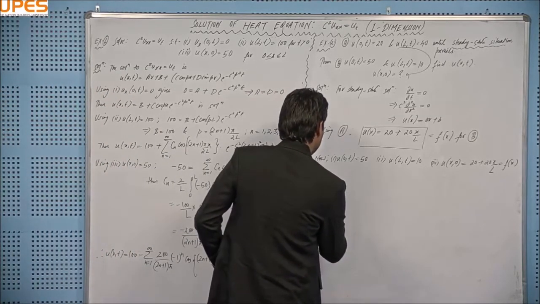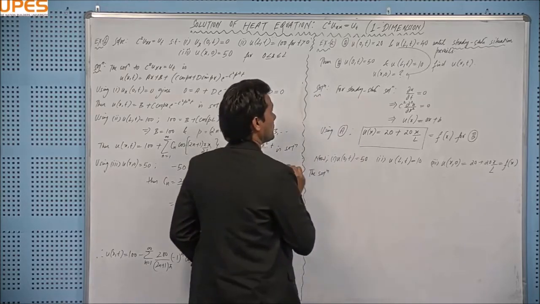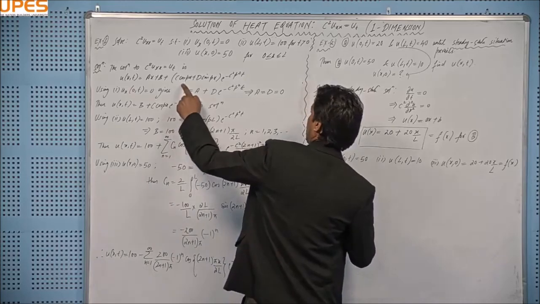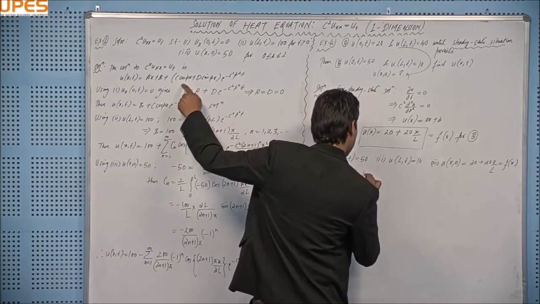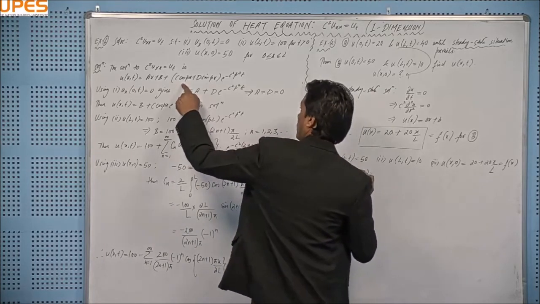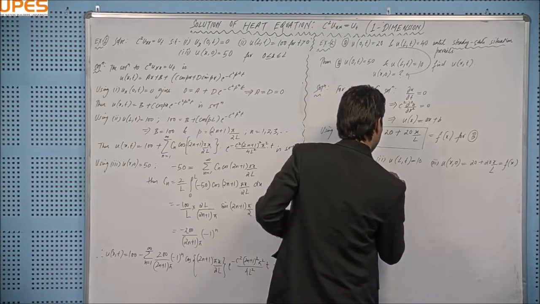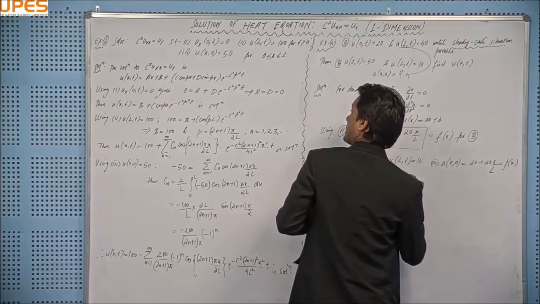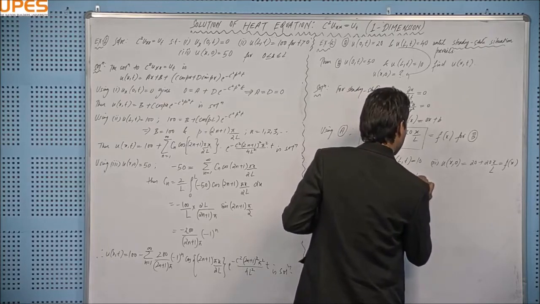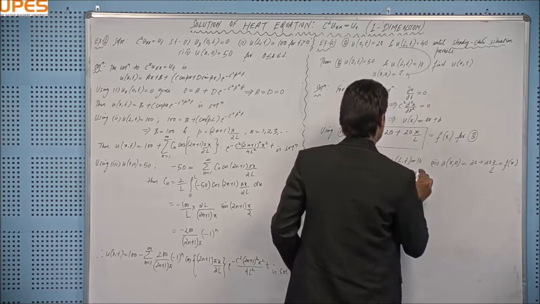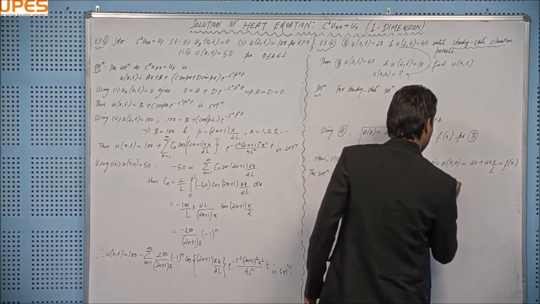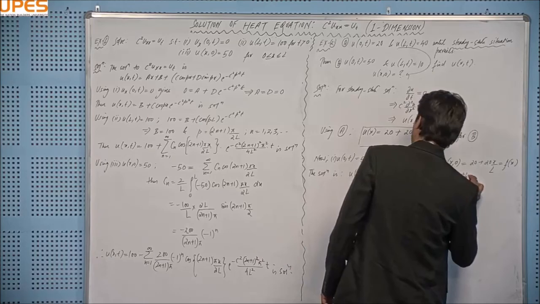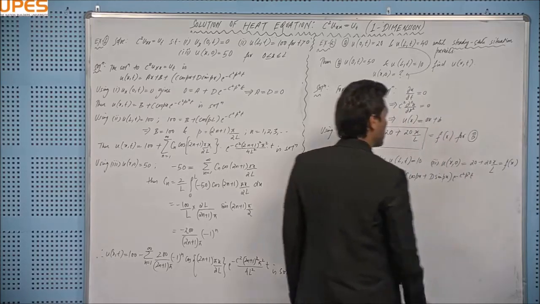The solution starts from the most general solution, u(x,t) equal to ax plus b plus (c cos px plus d sin px) multiplied by e to the power minus c²p²t.